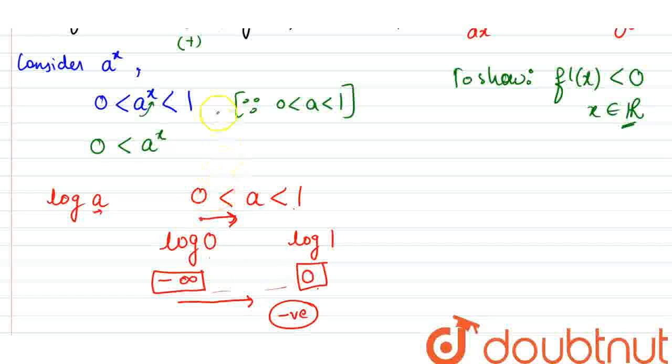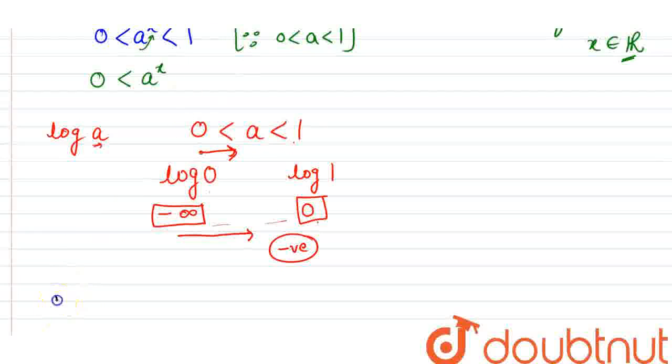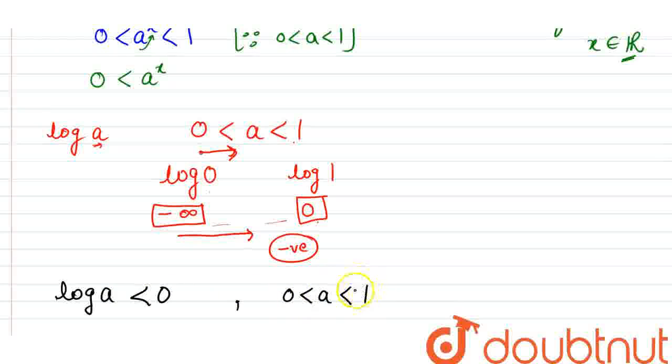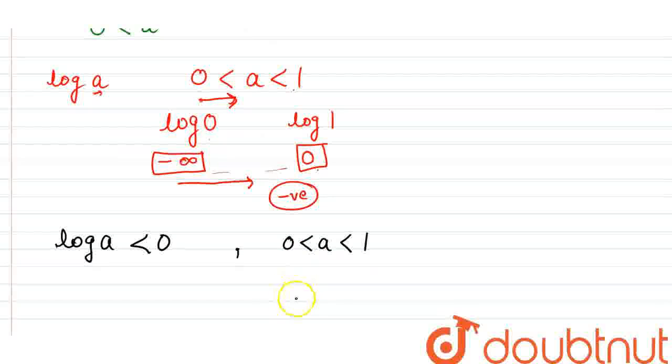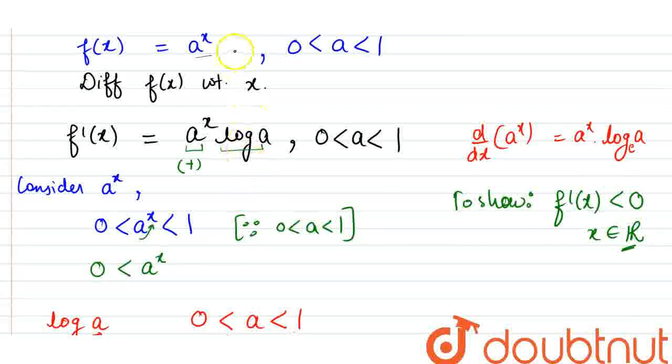So that means we can say that log of a is less than 0 if the values of a are lying between 0 and 1. For values greater than 1, log of a is greater than 0, but we are not talking about these values. So we can say here that log of a is negative.